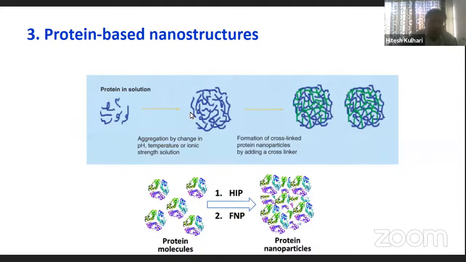But we can aggregate these protein molecules into a nanoparticle system. By changing the pH, temperature, or by cross-linking with other molecules, we can convert these proteins into protein nanoparticles. These protein based nanoparticles will be totally biocompatible, and they will not be harmful to the body. So we can use them for biological applications.